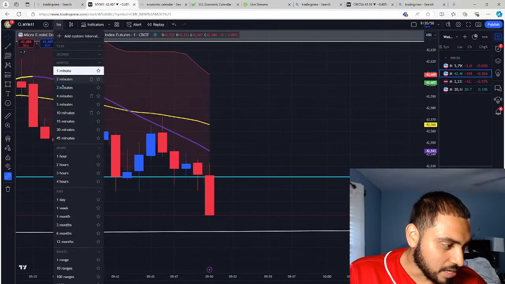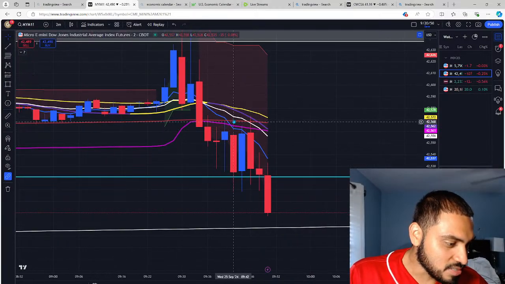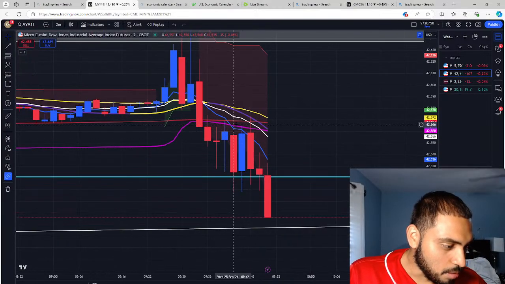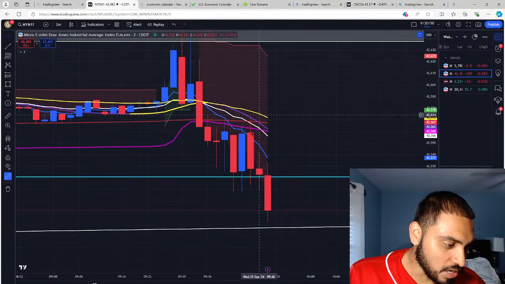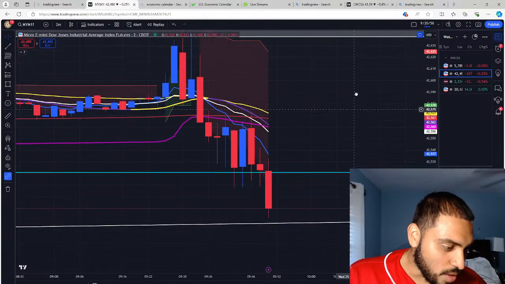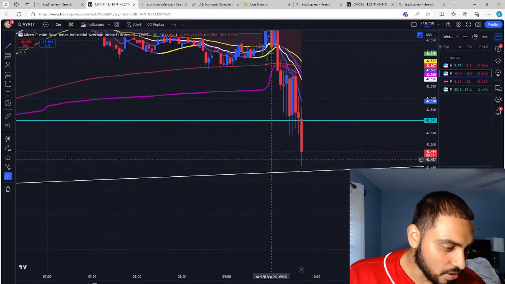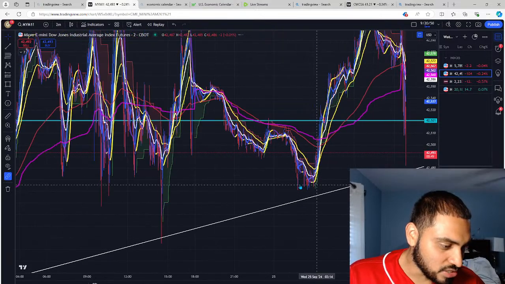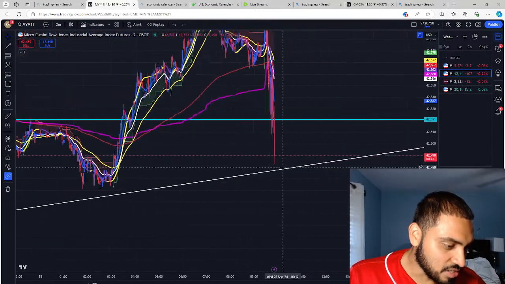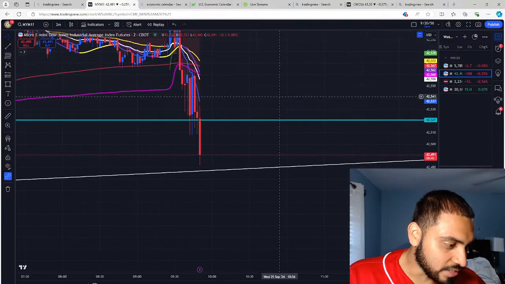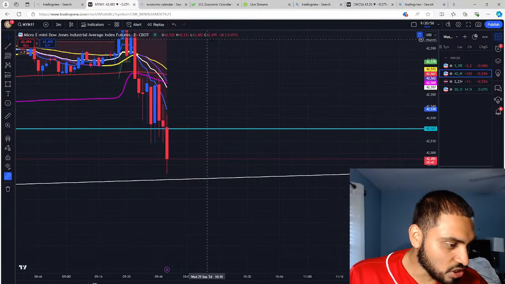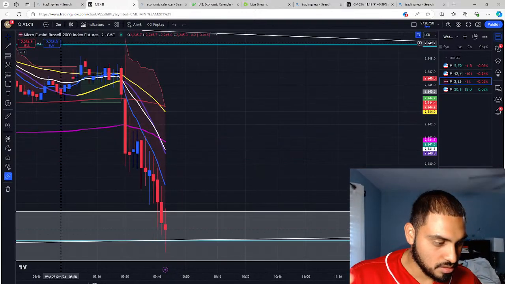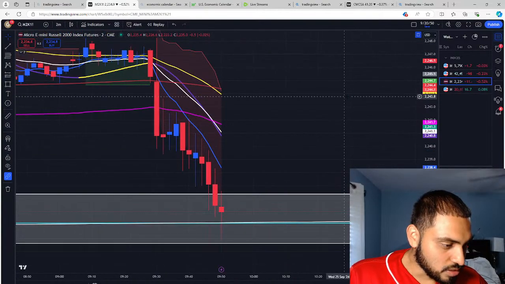So I already missed the play on this, because you would have taken it here and gotten a little bit of drawdown, but your stop loss would have been up here or here and you ride this trend down. But you're already hitting the bottom of the trading range right here, so you're gonna experience some form of support. Looks like I missed that boat, unfortunately, and I guess we're gonna stick to the Russell.